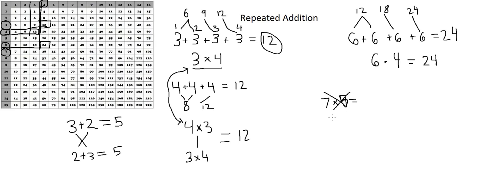Let me just do it again. If we multiply 7 by 5, first we find 7 on this column, then we look at the first row for 5. Then if we go down, you find that 7 times 5 is 35.